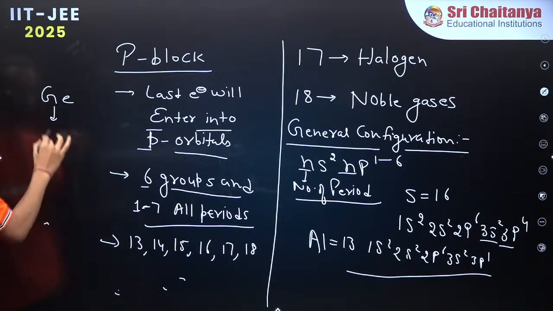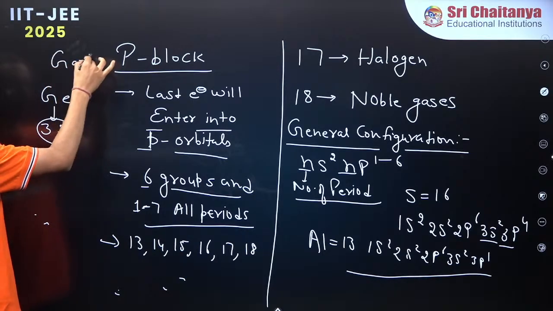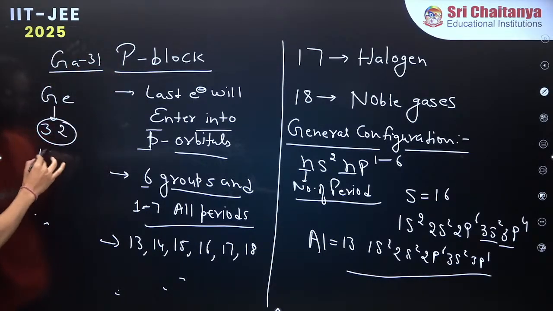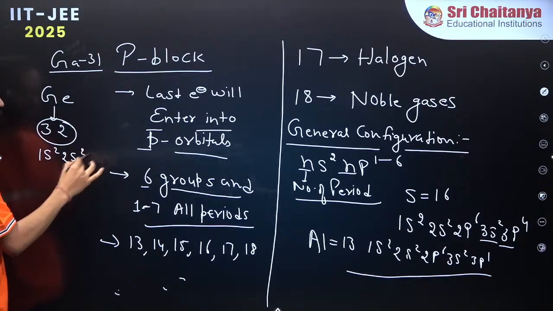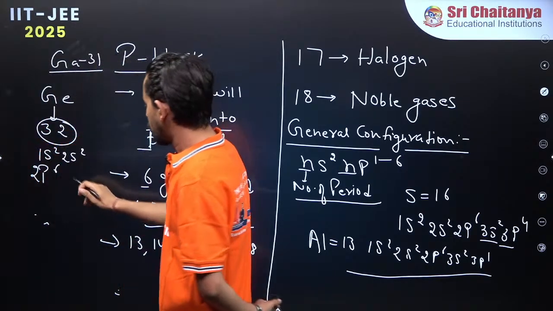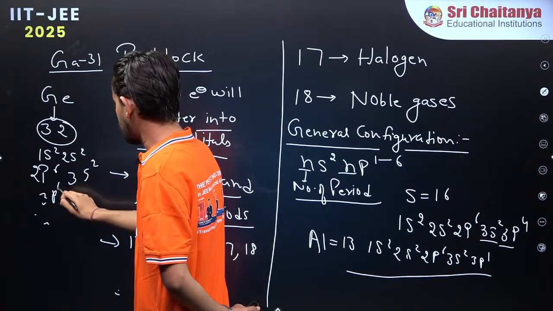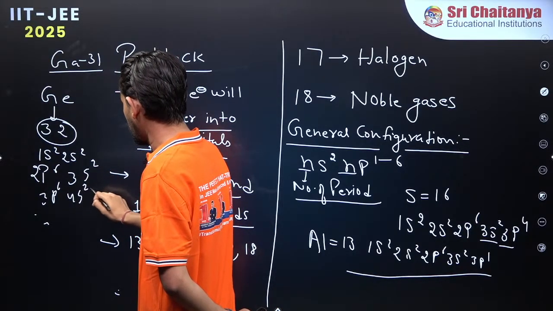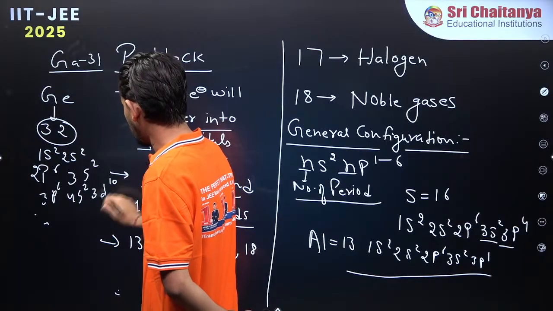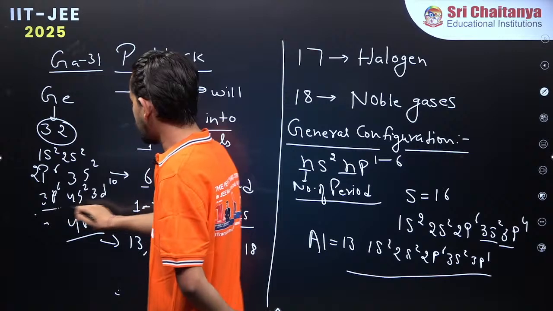Germanium is 32. Gallium is 31, you can write it on your own, no problem. So it will be 1s2, 2s2, 2p6, apart from that 3s2, 3p6, 4s2, 3d10 and 4p2.